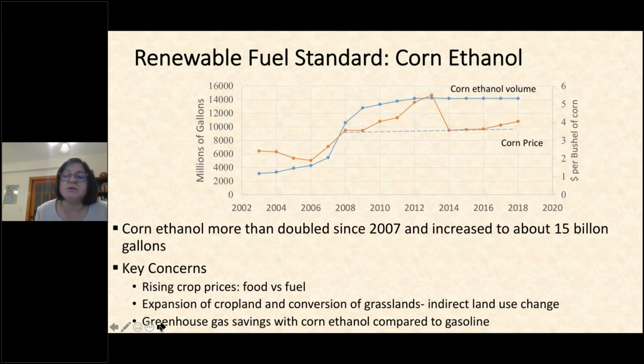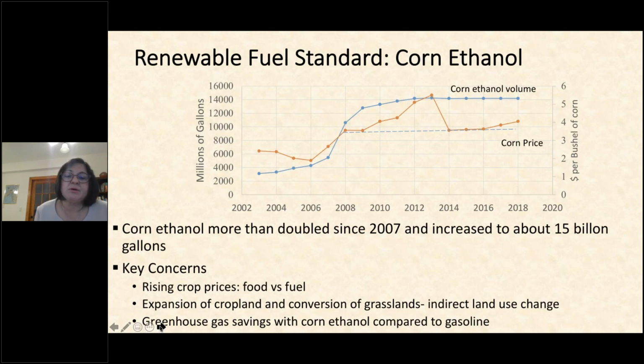And so that led to a lot of concern about food versus fuel, competition for land, concerns about the expansion of cropland onto non-crop grasslands and so on, and also about whether corn ethanol and biofuels in general would achieve the promise of greenhouse gas savings that had also been one of the motivators for switching from fossil fuels to renewable fuels.